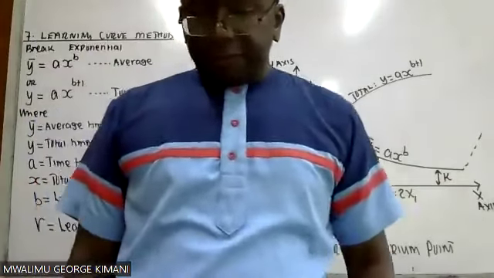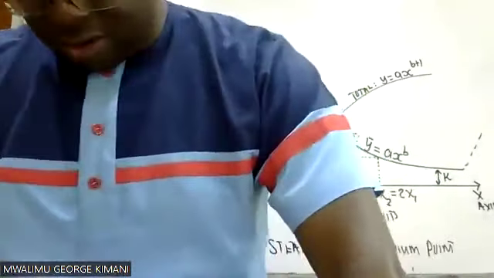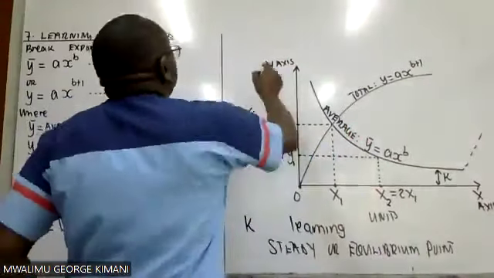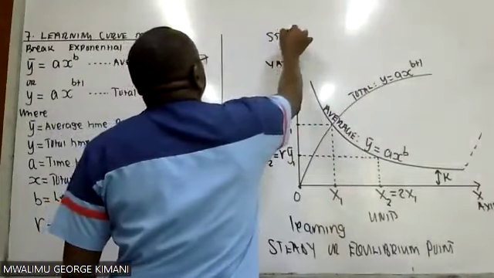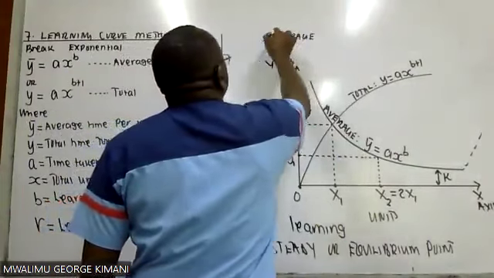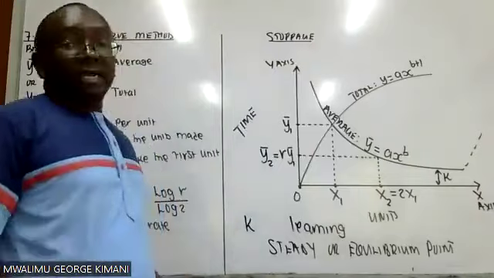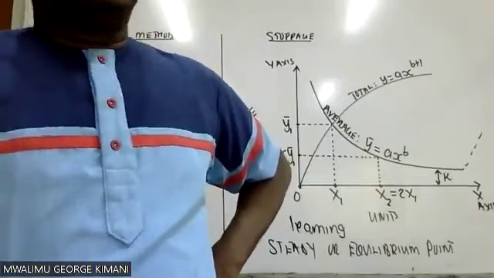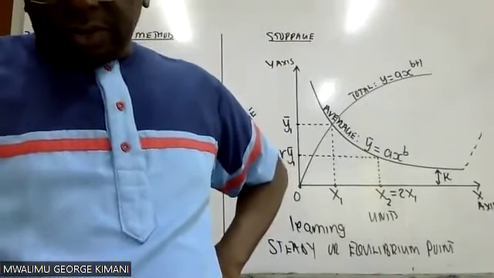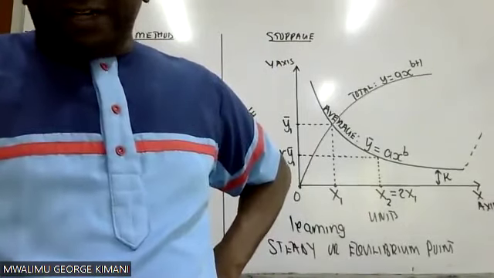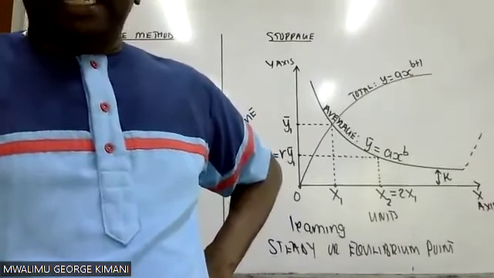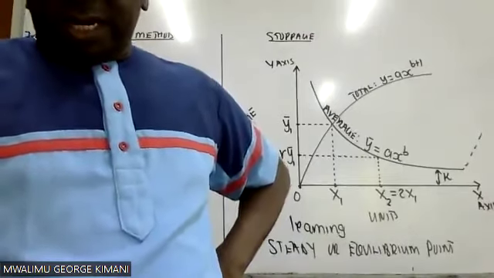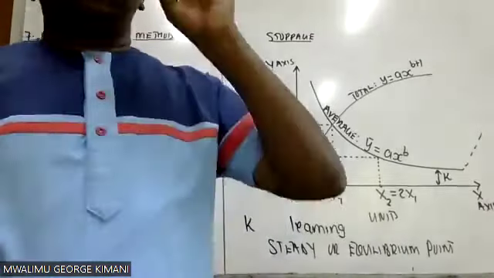Good. From there, let us now look at stoppage of learning. What can make someone stop learning? I'll give you a few factors. Number one is fatigue. Number two is demotivation.